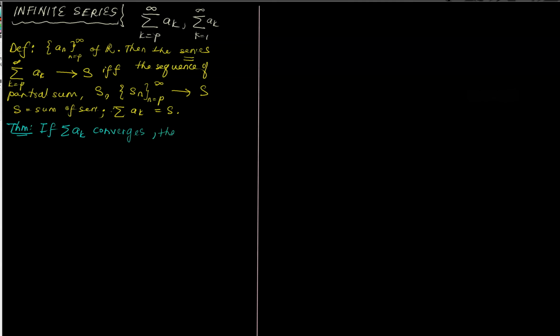Then the limit of a sub n is 0 as n approaches infinity, and this is a theorem from Calculus 2. That is, if the summation of a converges, then the sequence a sub n converges to 0. In other words, the limit is equal to 0.